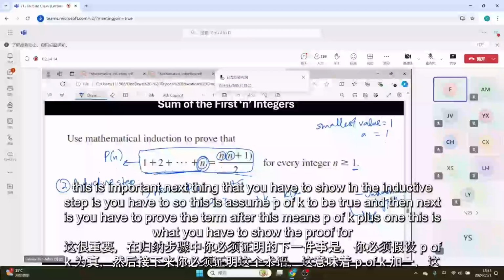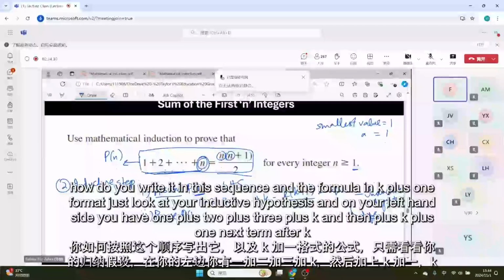This is important. Next thing that you have to show in the inductive step: you assume P of K to be true, and then you have to prove the next term, P of K plus 1. This is what you have to show the proof for. How do you write the sequence and the formula in K plus 1 format?